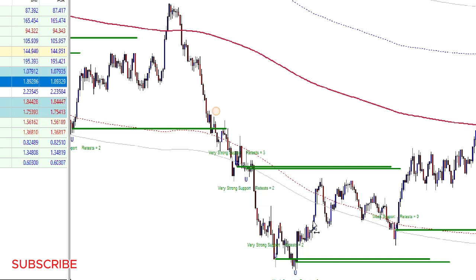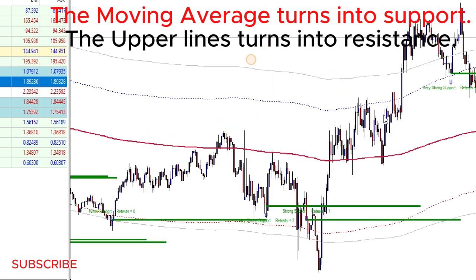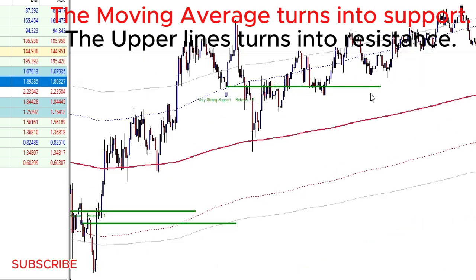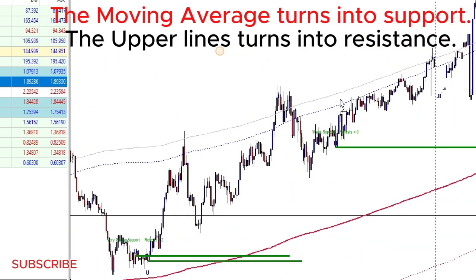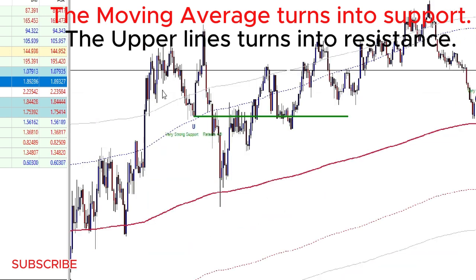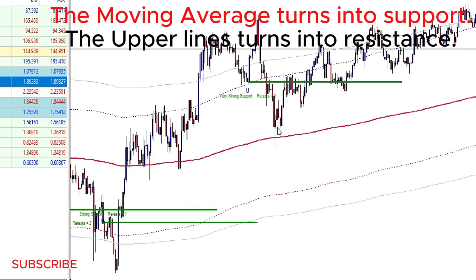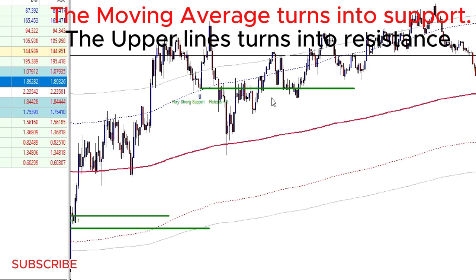So now what I wanted to demonstrate, I told you about us using this zone here as a resistance zone. As you can see, the price hit this moving average, using it as support. Where do we expect the resistance to be?